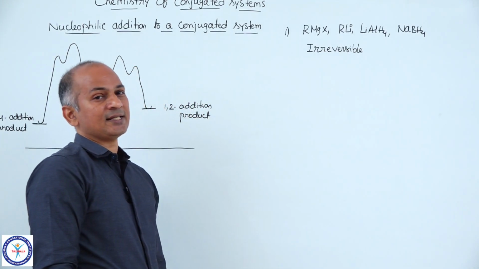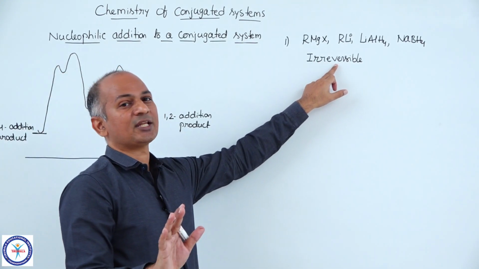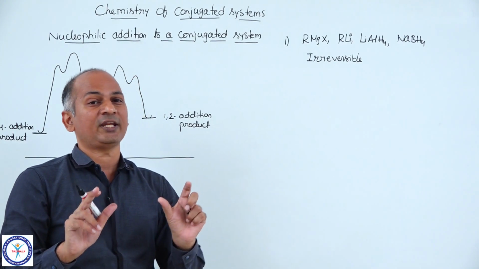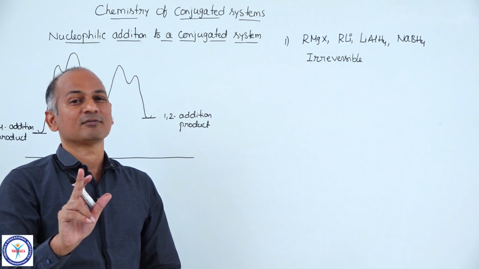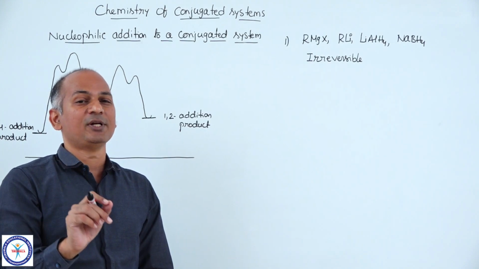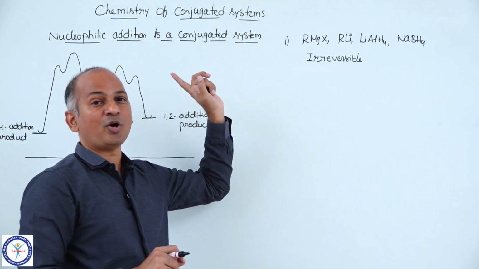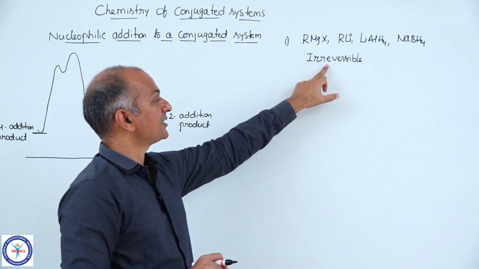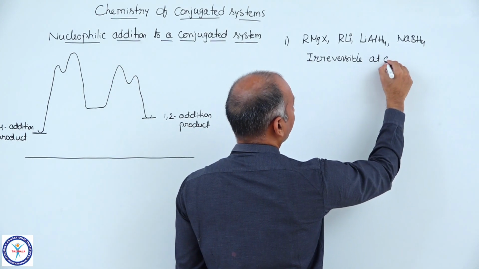And as a result, at almost any temperature, the conditions are irreversible, because the nucleophile involved is very strong. And you all know carbon-carbon bond is very strong, and that is the reason behind the catenating ability of carbon, the highest catenating ability of carbon. So this is also carbon, and it forms a bond with a carbon, the carbonyl carbon. So these reactions are irreversible, at any temperature.